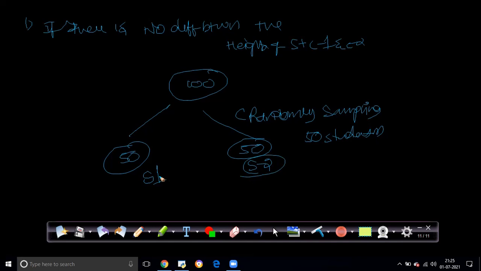Guys, remember S1 has a mixture of students from class 1 and class 2, as we sampled this set randomly. In the same way, S2 has a mixture of class 1 and class 2 students. So we have just broken this randomly.